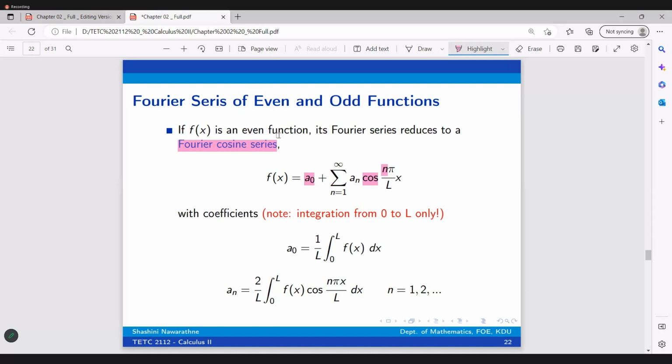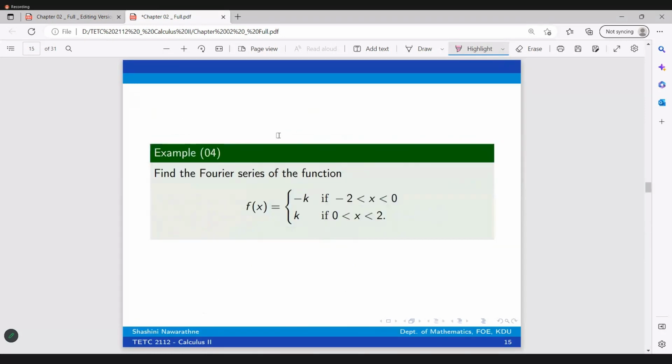In the second question, you are asked to solve an ordinary differential equation using Laplace transform. The third question is the Fourier series problem, something similar to this example number 4. The range may be changed.